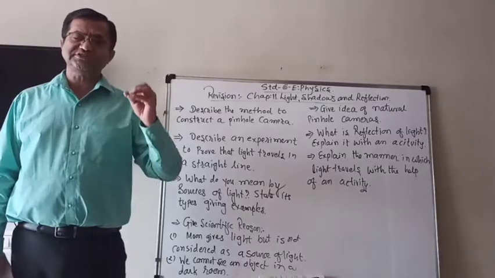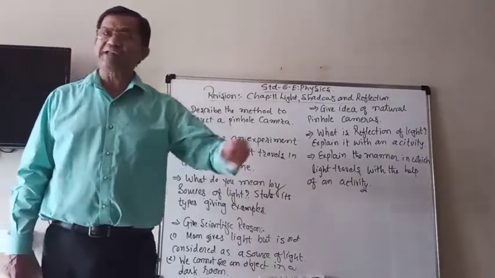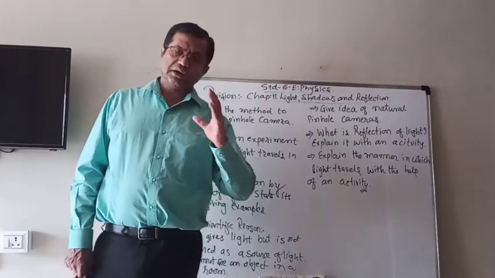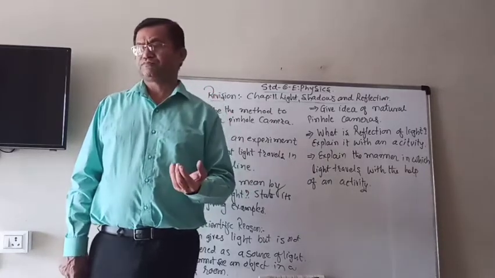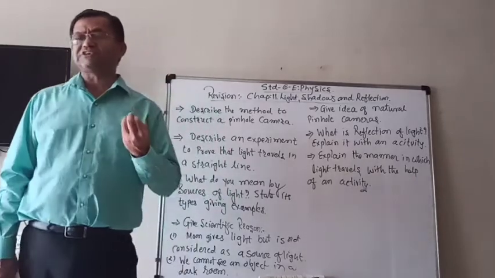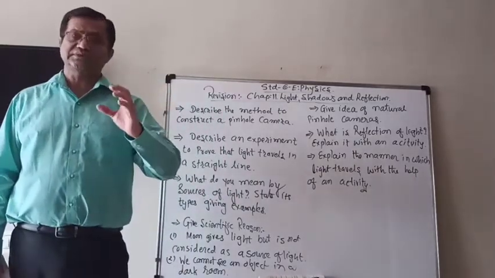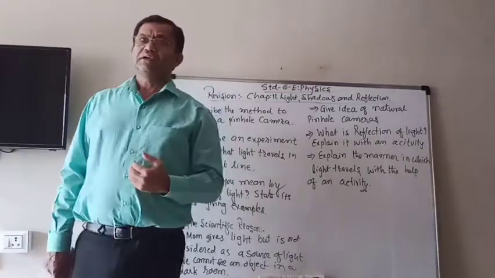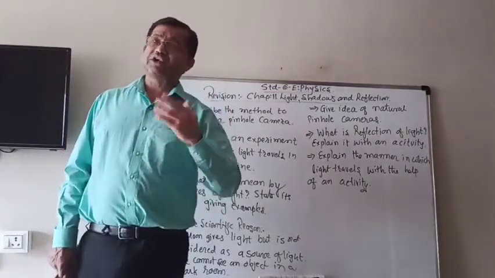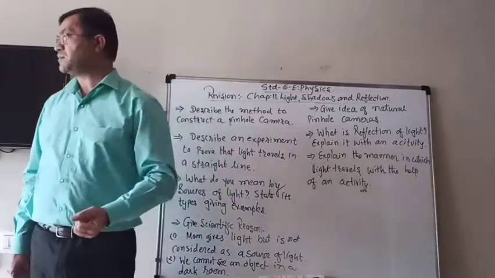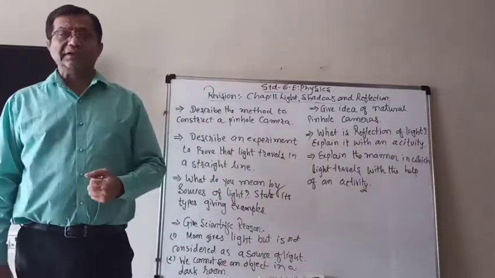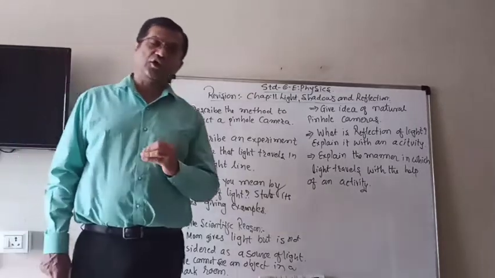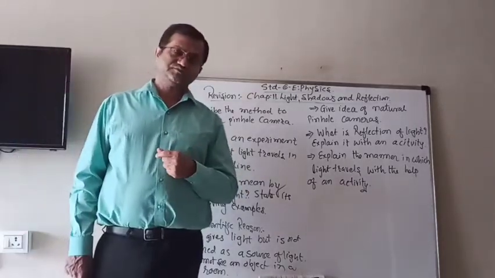Opaque substances do not allow the light to pass through them, and therefore the part to which light does not travel looks dark. So if you put a screen, or if you are in front of a wall, then on the wall, or sometimes on the land also, we can see the shadow of the object.